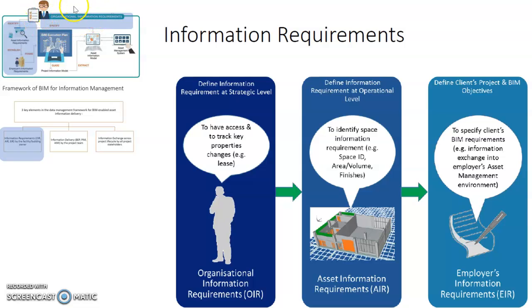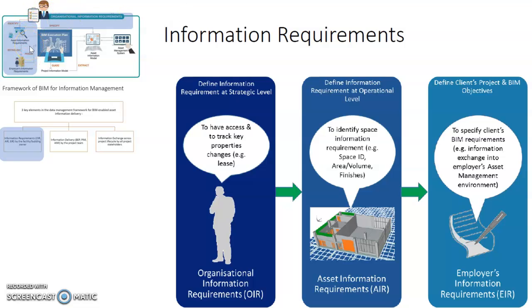We call it the organizational information requirements, and then it goes down to the next lower level, asset information requirements, and then it filters down to the employer information requirements, which then gets taken by the consultant or the contractor to become part of the BIM execution plan. So let's talk about these three areas.